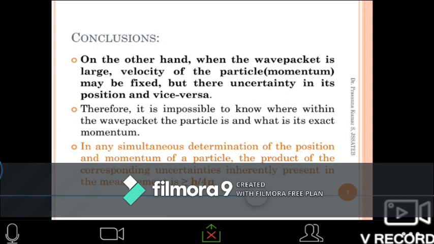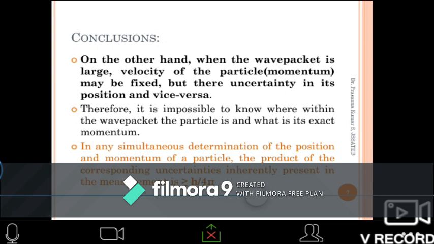Therefore, it is impossible to know where within the wave packet the particle is and what its exact momentum is. It is not possible to know both of them accurately.